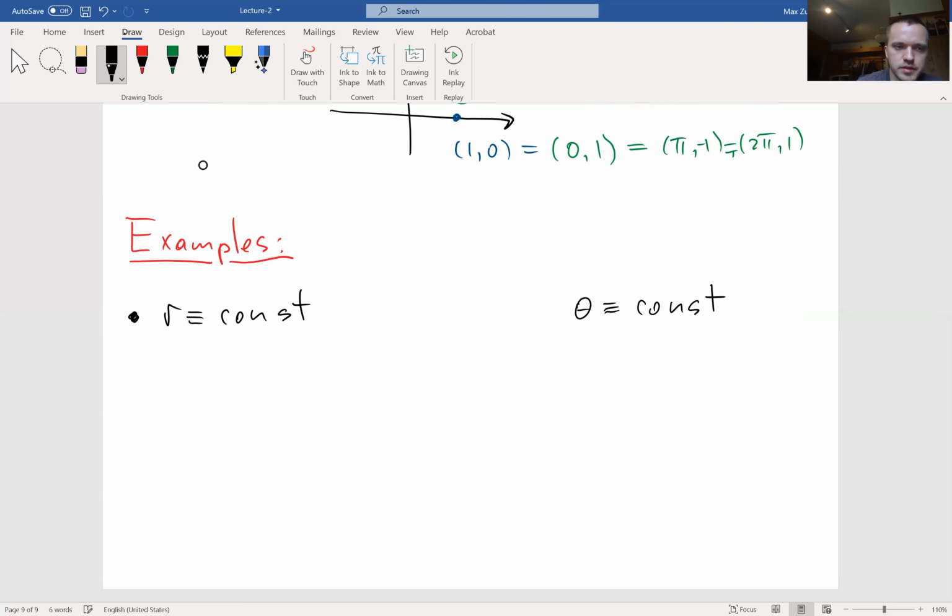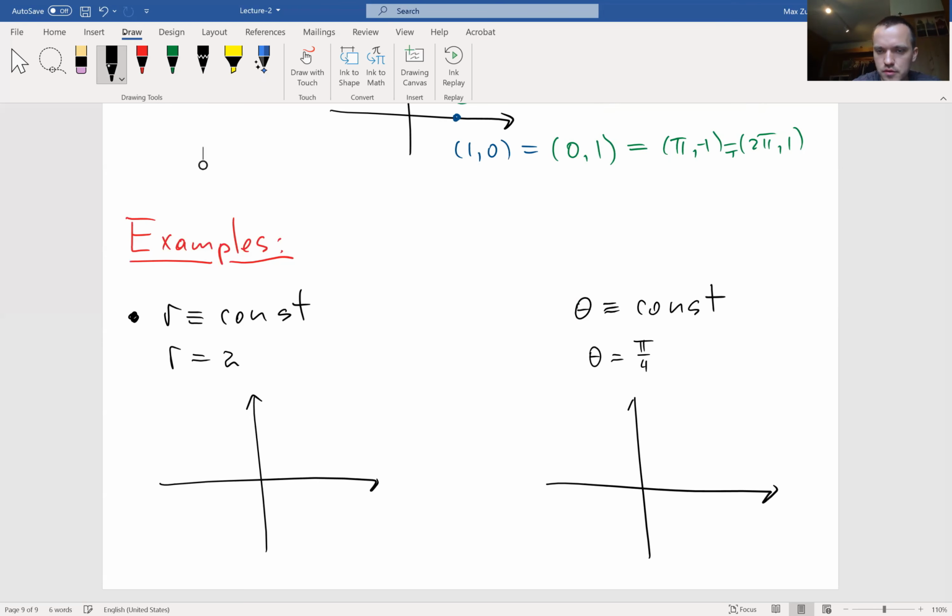And as an example, let's take r equal to 2 and theta equal to pi over 4. So please take your time to sketch these two graphs, and choose yes if you finish sketching in the poll.